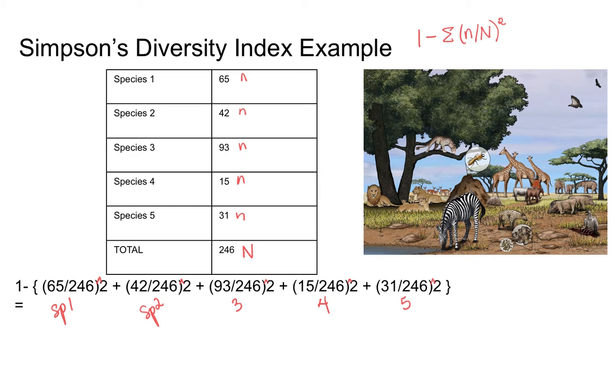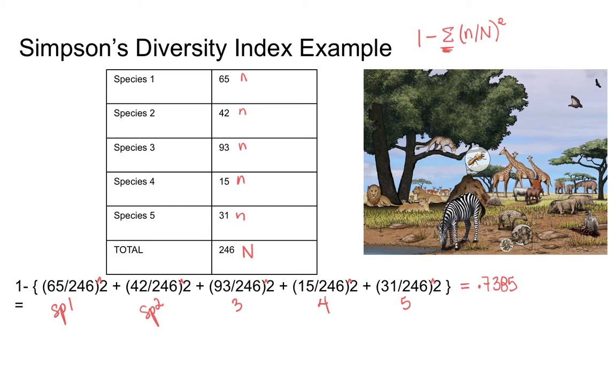But because it is a summation, we're actually going to take the result of those individual calculations and add them together. So if you were to do this really quick, the result of the entire formula would be 0.7385, give or take a number or two.